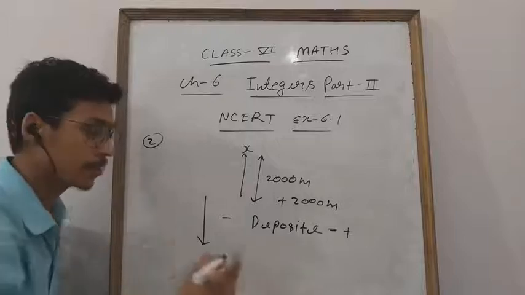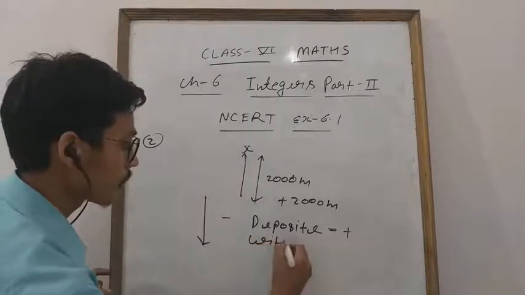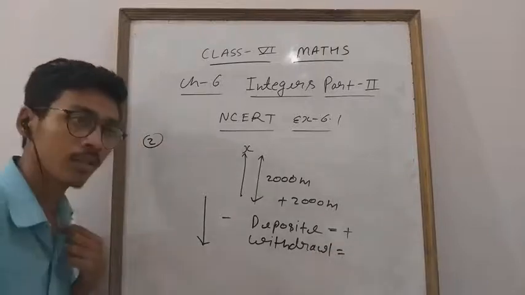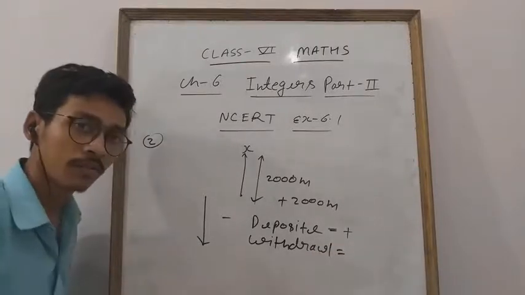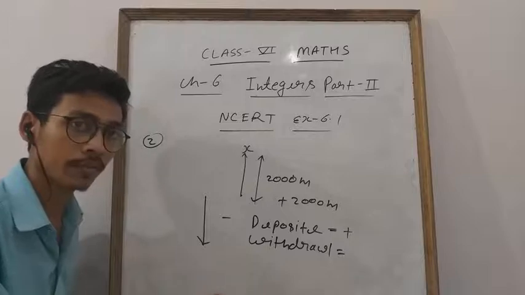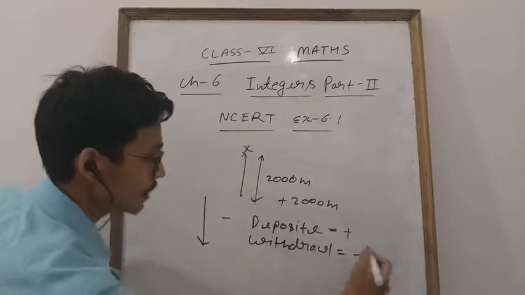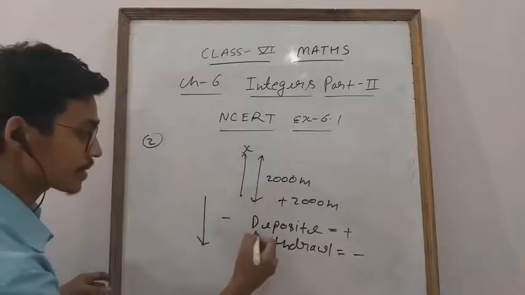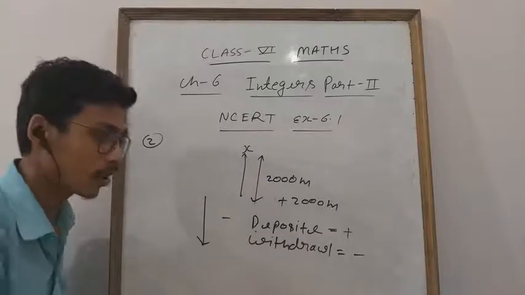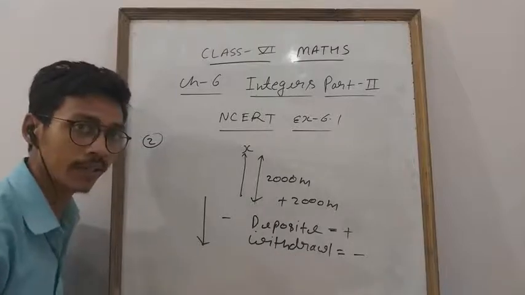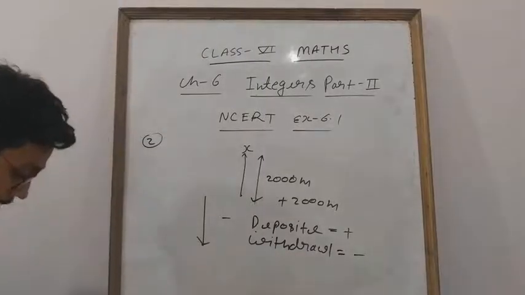Another thing is withdrawal. What is the meaning of withdrawal? Withdrawal means something which you are not going to submit, which you are going to pick up. So withdrawal means the negative sign. Withdrawal means the opposite of the deposit. Clear everyone? So this is your question number two.